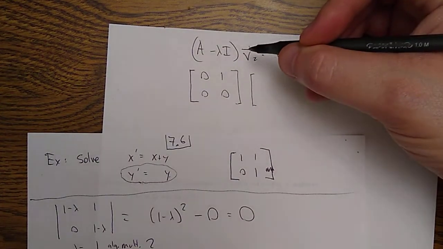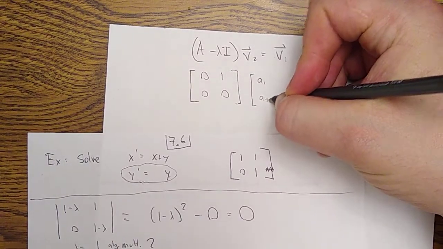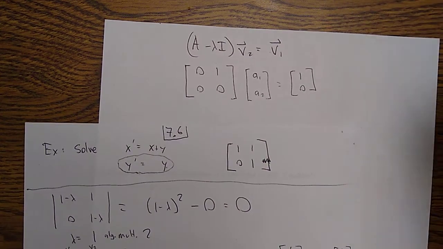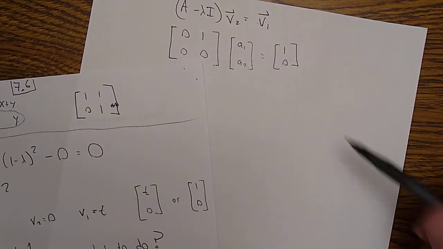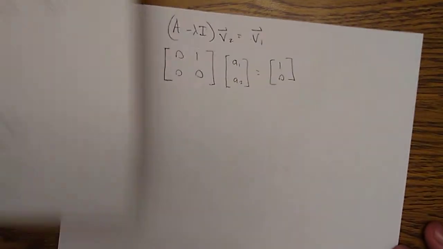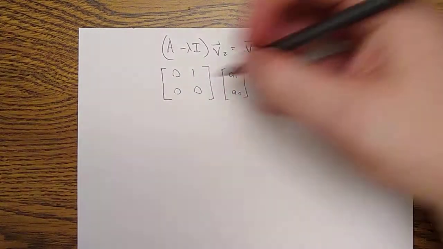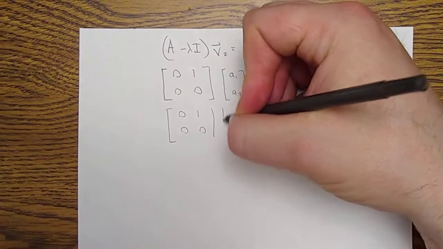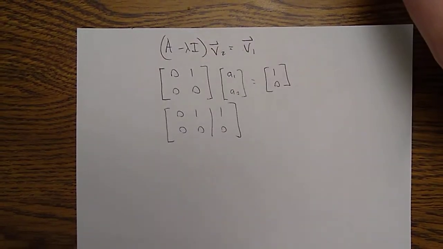And let's say that V2 is, I don't know, A1, A2, and V1 is just the first eigenvector that we found. So that's what we do. I could have done this a smarter way. I just make an augmented matrix and put this vector here.